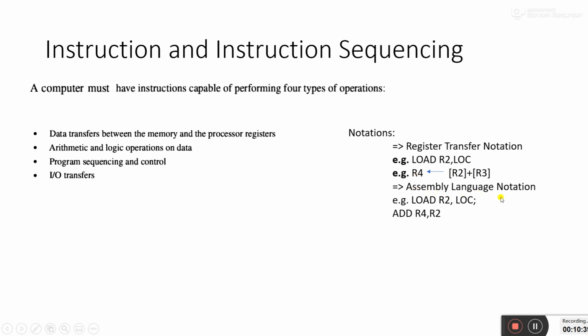In assembly language notation, the same thing can be written as load R2 location, and then add R4 R2, which means the content of R2 will be added to R4, and the result will be stored in R4.